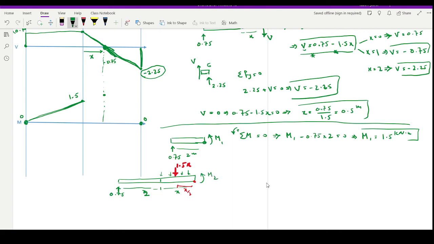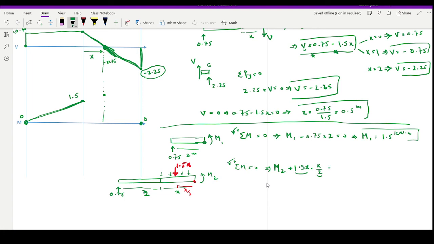This is my M2. Again, sigma M is 0. This is my positive direction. From there, M2 plus 1.5x times the distance, like I said, is x half. So 1.5x is the value of the force. x half is the distance from the point that we are taking moment about.